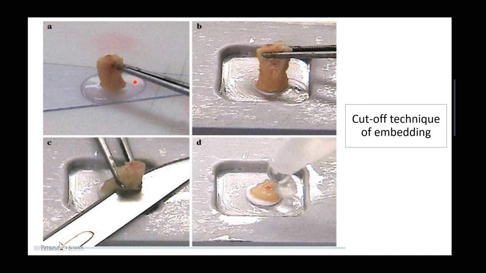Then we pour the OCT, we let it freeze, and once it freezes, we just cut off the excess tissue. See here, you can see we are cutting the tissue which is outside the OCT, and this portion of the tissue will be used for sectioning, and we'll see it under the microscope.